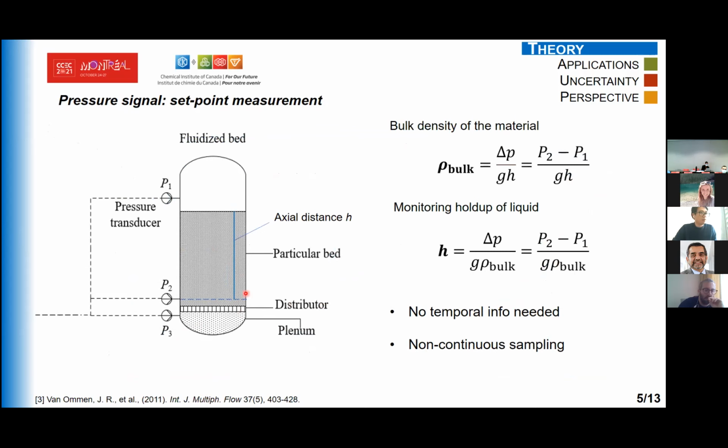You can measure the pressure difference between the bottom and the top, and if you know the bulk density of the material, you use this equation to calculate how high your loading is. And in the other way, if you know the height of your loading, you can use this equation to calculate the average bulk density of your material.